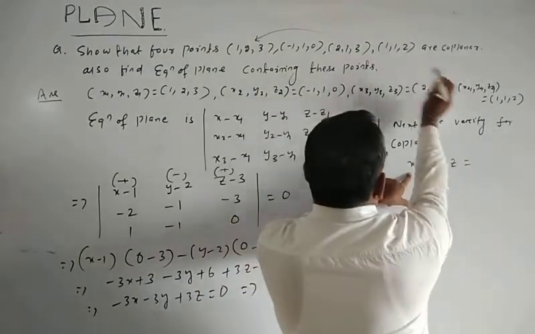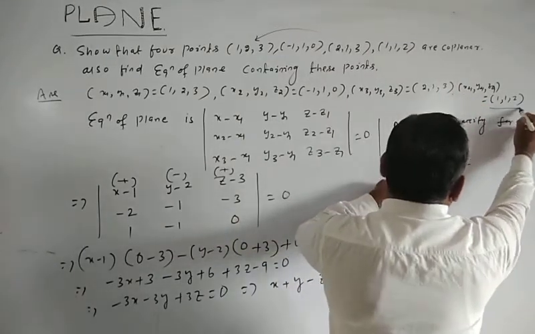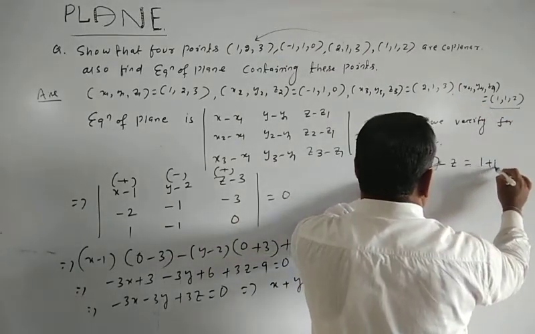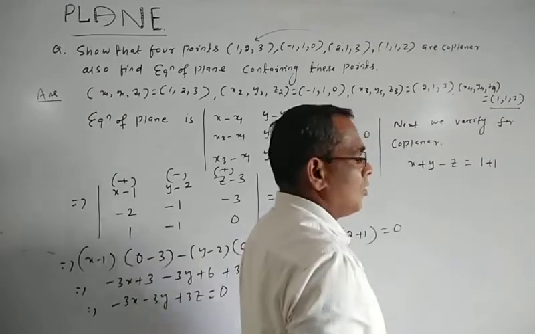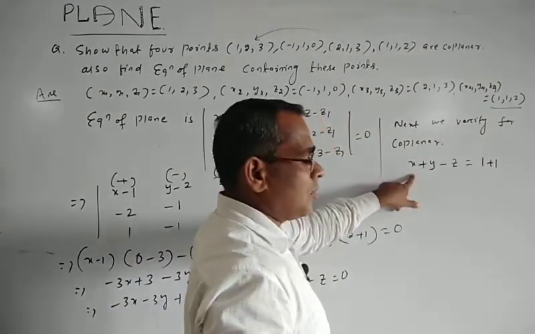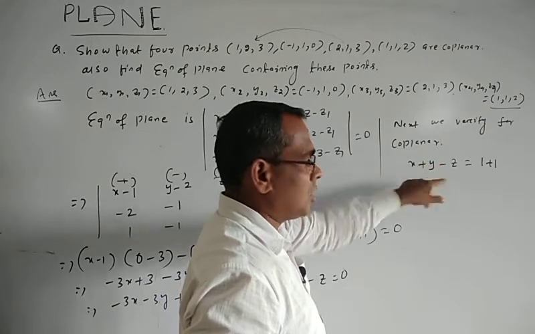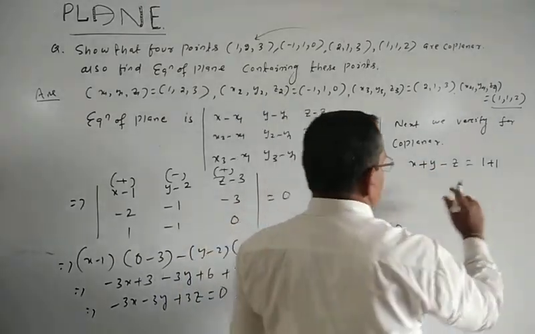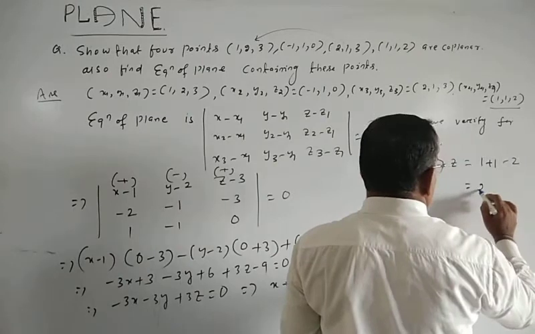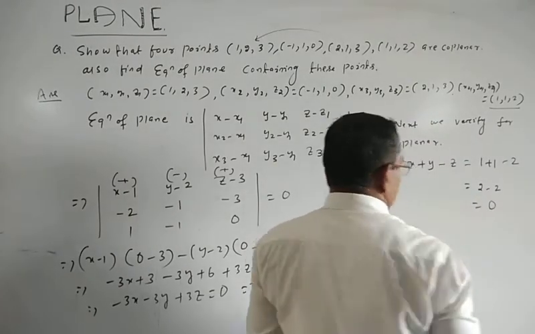Here the fourth point is 1, 1, 2, so this is 1 plus 1. Substitute the x coordinate in place of x, the y coordinate in place of y, and the z coordinate in place of z. So this is 1 plus 1 minus 2, so this is 2 minus 2 is equal to 0.